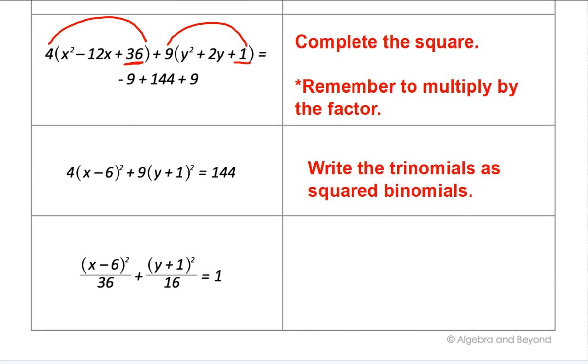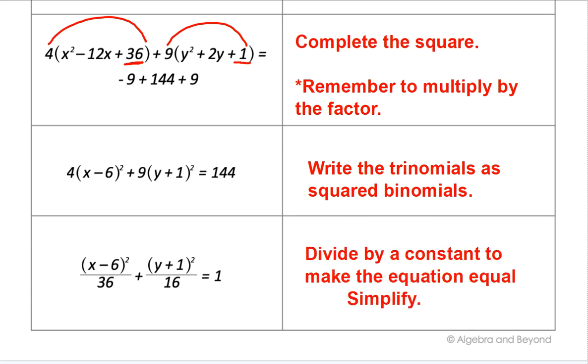And then finally, to get it into graphing form, we need it to equal 1. So in this case, we need to divide by a constant, a number, in order to make the equation equal to 1. We had 144 over here, so we had to divide everything by 144 in order to get the equation equal to 1, like we know an ellipse needs to be.